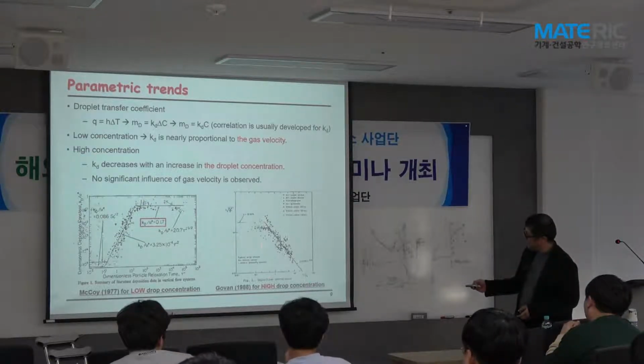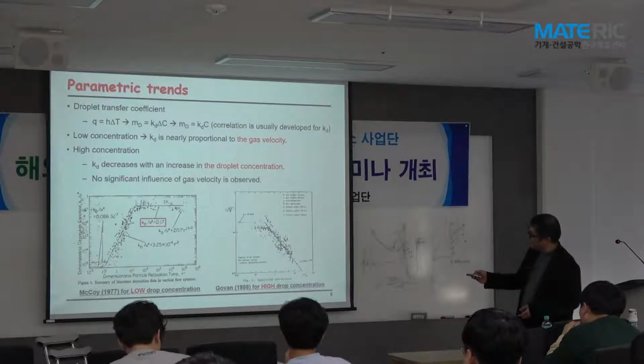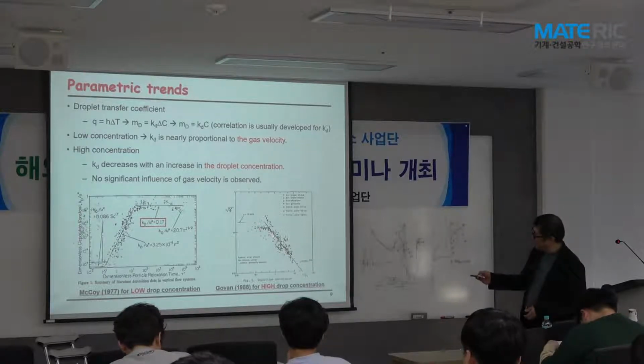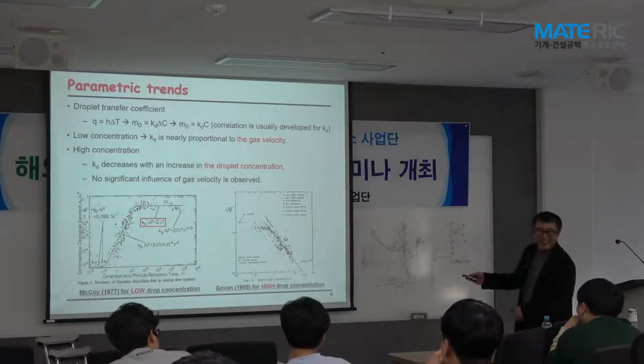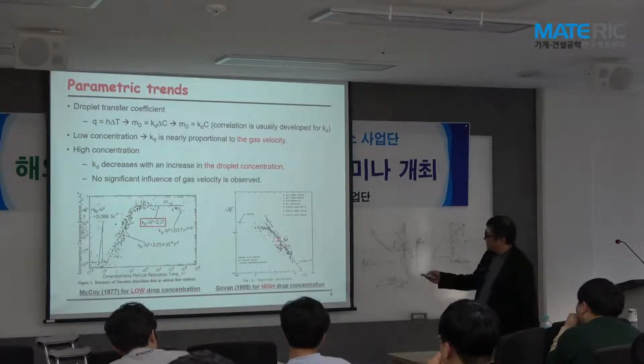Experimentally, this one. Okay, and this is Goban's fit. Goban's opinion is that here K is constant, but here K is decreasing. My opinion is a bit different, but Goban's opinion is that the trend is different.